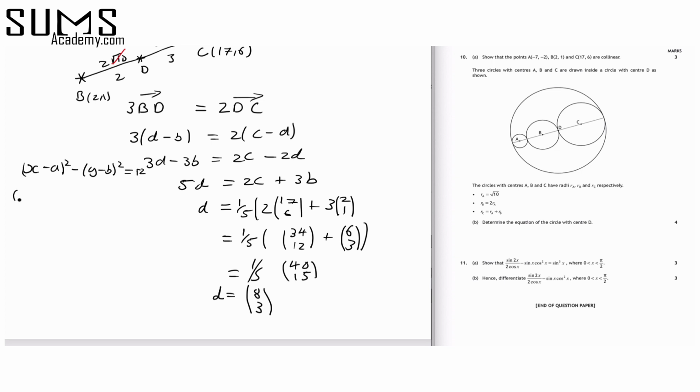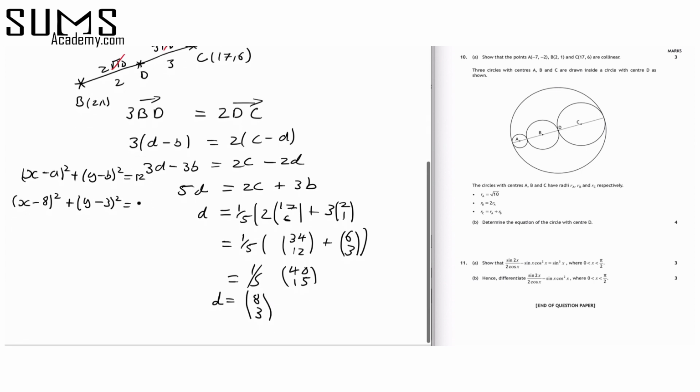So this is just going to become x minus 8 squared plus y minus 3 squared equals, and then you have your radius here, which we worked out earlier, 6 root 10 squared.